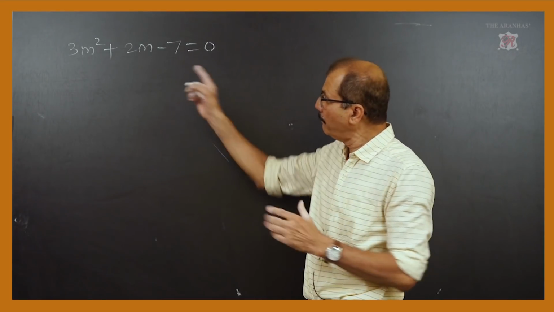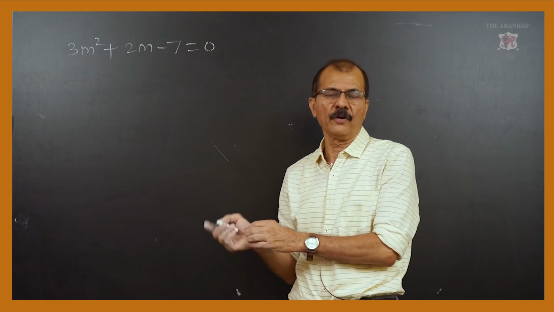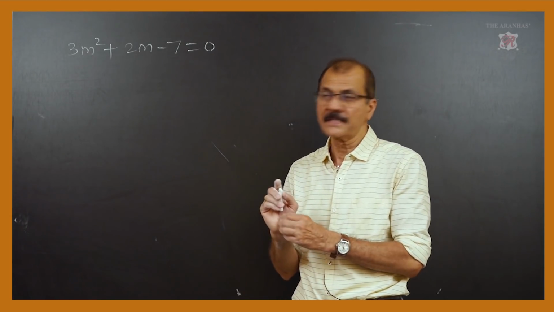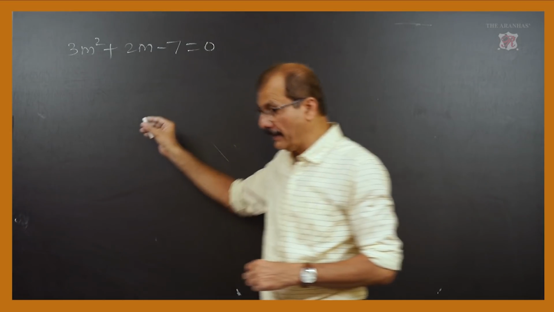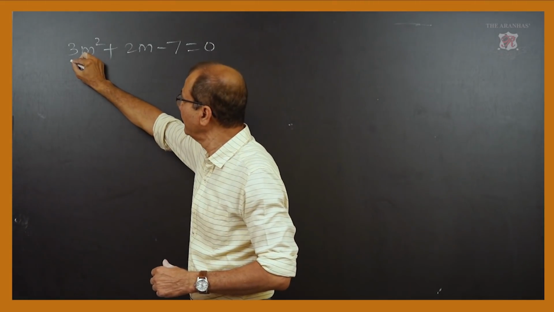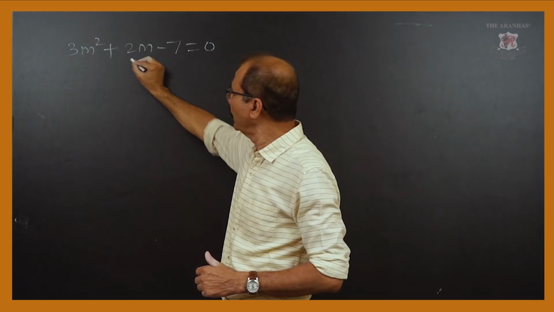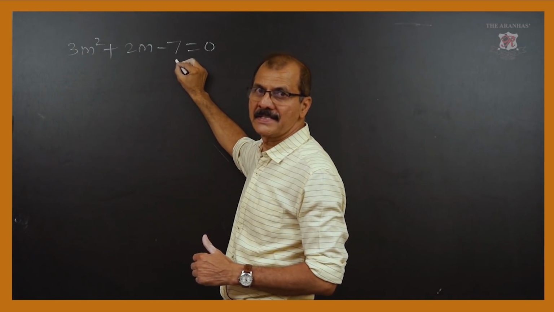Now, if you compare this equation with the general form, that is ax square plus bx plus c, you will get the value of a as 3, b as 2 and c as minus 7.